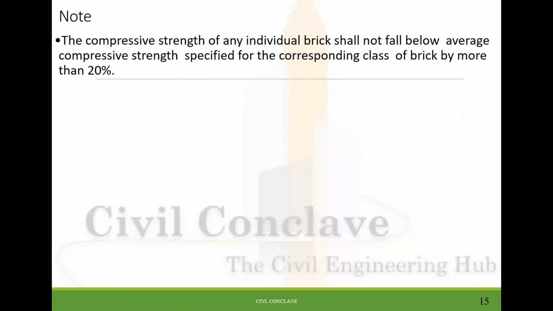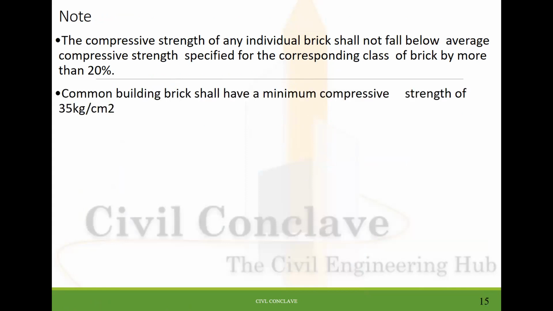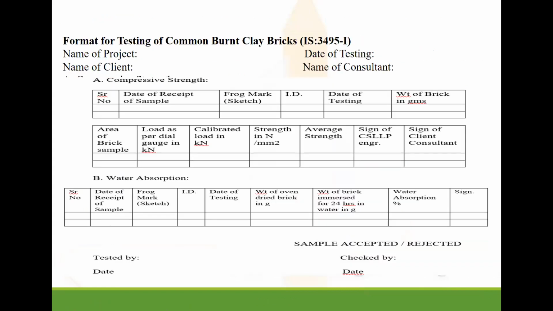Note, the compressive strength of any individual block shall not fall below the average compressive strength specified for the corresponding bricks by more than 20%. Common building bricks will generally have 35 kg per centimeter square. This is a record you have to maintain based on IS 3495 part 1.